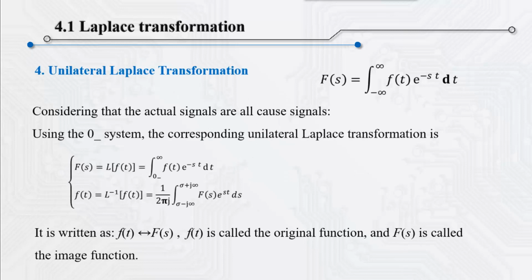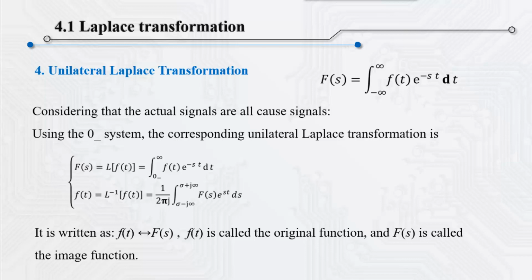Let's look at the unilateral Laplace transformation. As mentioned earlier, the Laplace transformation F(s) is equal to the integral of f(t) e to the power of negative st from negative infinity to positive infinity.